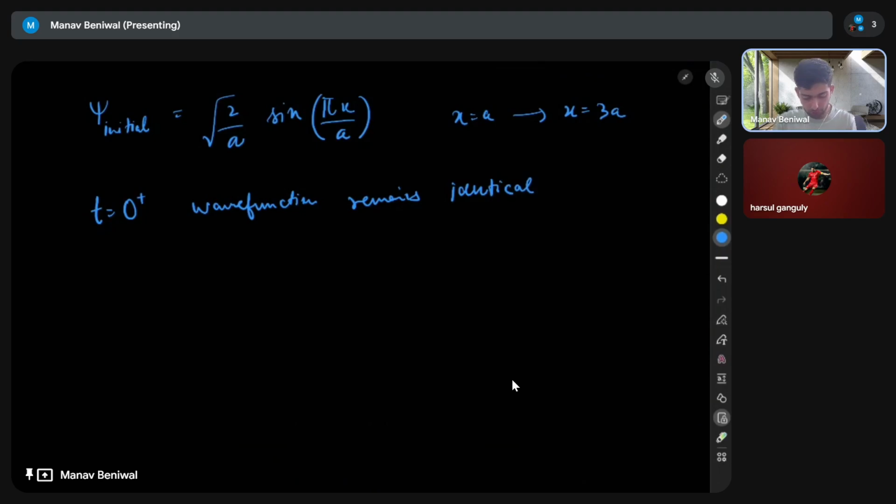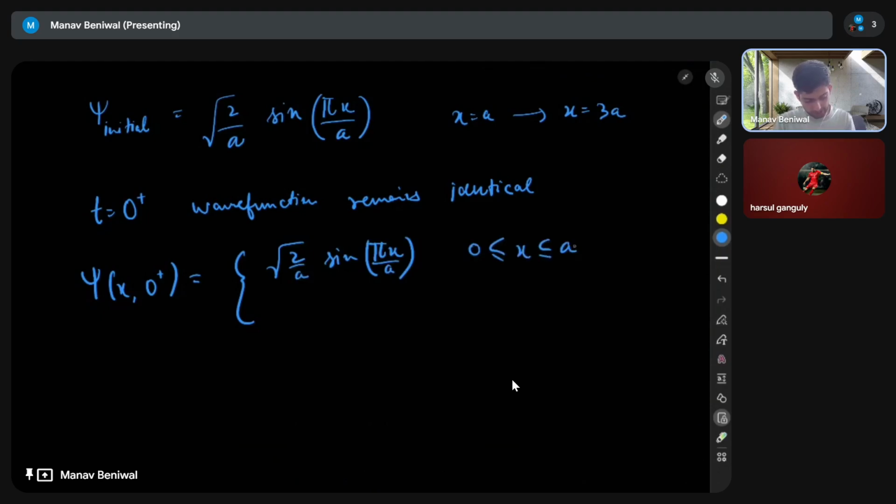What that means is that our psi at time 0 plus, just after the wall has shifted, will be under root 2 by a sine pi x over a in this region and 0 in this region. So this is how our wave function will look.